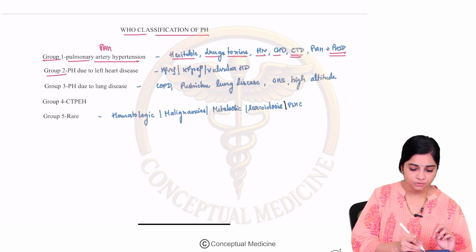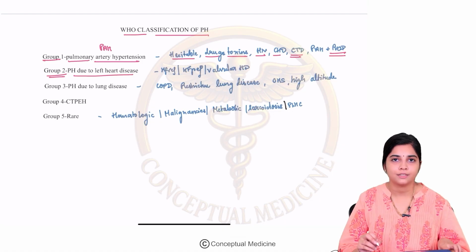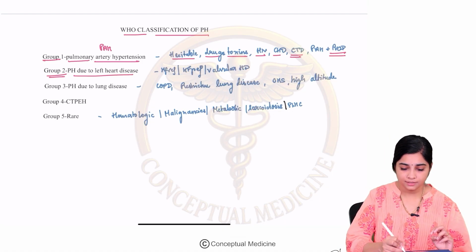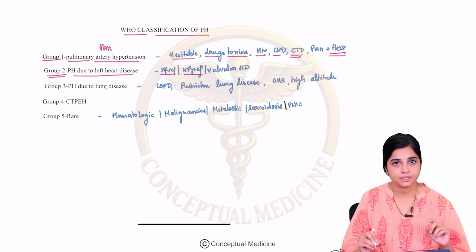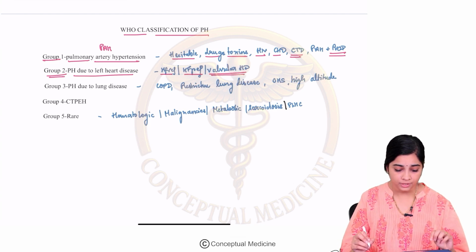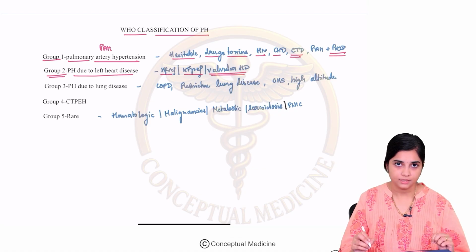Then group 2 is pulmonary hypertension due to left heart disease. What are the causes of left heart disease? Heart failure with reduced as well as heart failure with preserved ejection fraction, then valvular heart disease. All of these come under group 2 pulmonary hypertension.